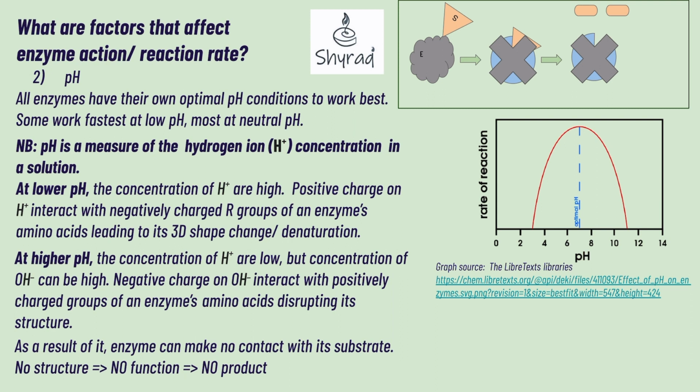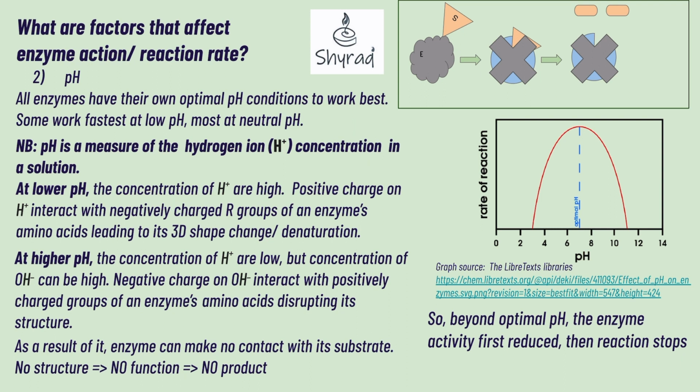Negative charge on hydroxide ions interacts with positively charged groups of an enzyme's amino acids, disrupting its structure. As a result of it, the enzyme can make no contact with its substrate. No structure, no function, no product. So, beyond optimal pH, the enzyme activity is first reduced, then the reaction stops.